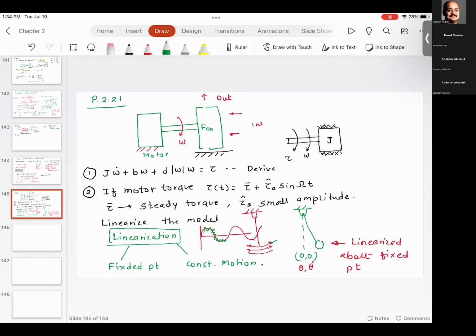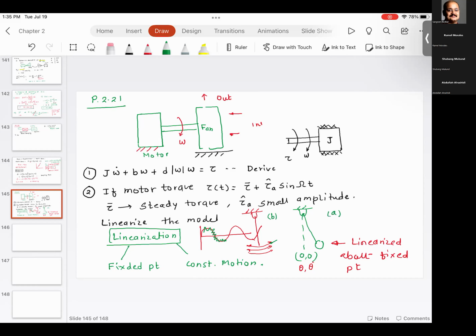Would it go back to the steady state motion that it had, or would it become completely unstable?